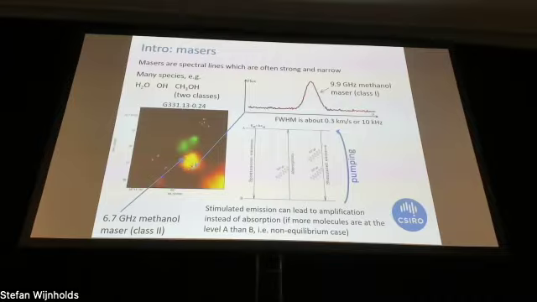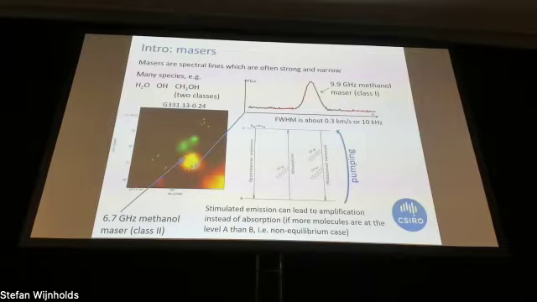However, if you put in some process which we call pumping, which you cannot do in a two-level system, you need some other levels, and you end up in a situation where more molecules are at the higher level, then you can get amplification instead of absorption. That's what's called masers. But for the purpose of this talk, you can think of masers as just a spectral line, which is usually stronger than the thermal spectral line you would expect from the same source.